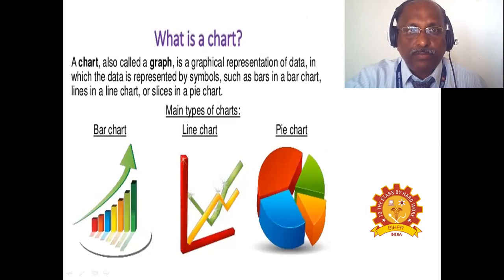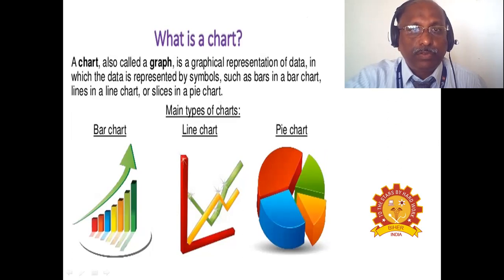Then what is a chart? A chart, also called a graph, is a graphical representation of data in which the data is represented by symbols such as bars in a bar chart, lines in a line chart, or slices in a pie chart. You can see the bar chart.